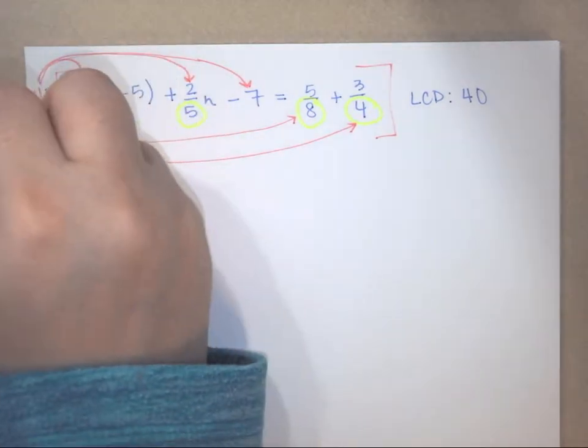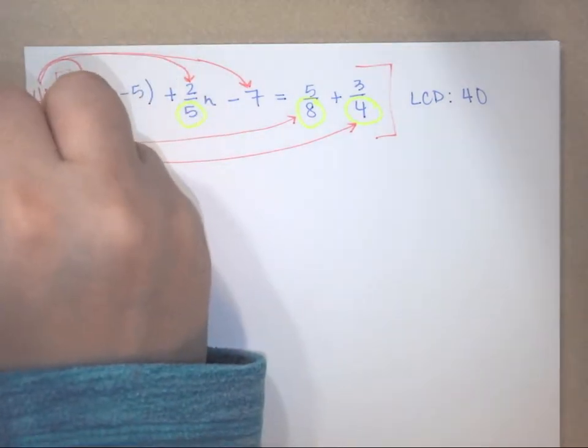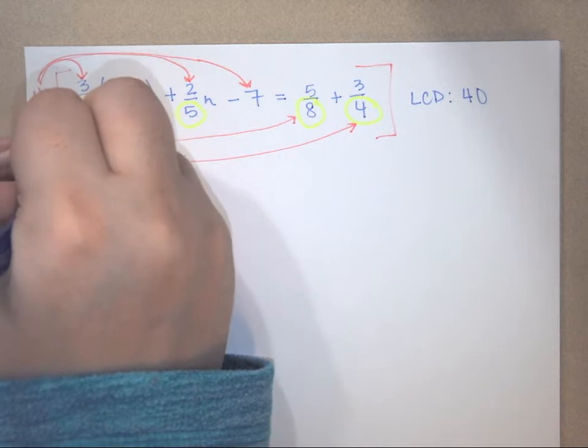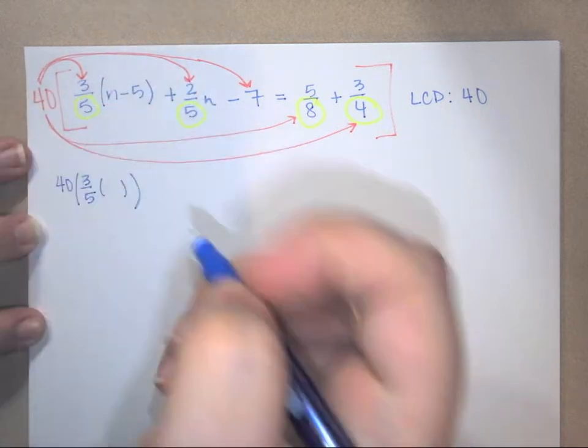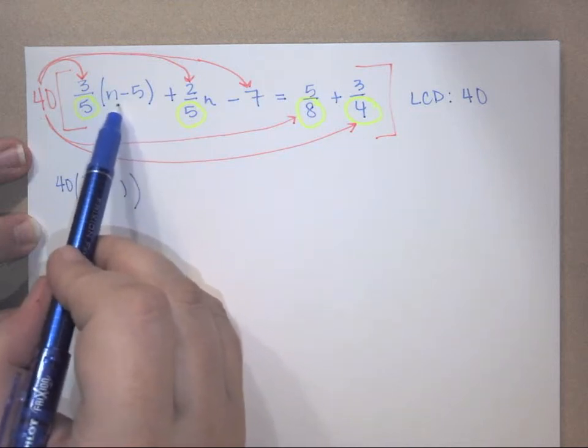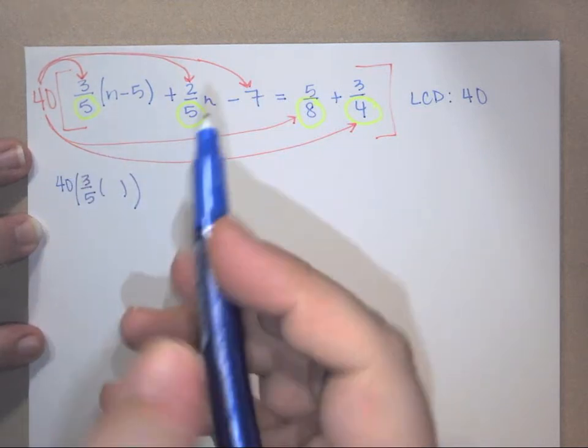So essentially, this is going to become 40 times my 3/5, and then I have the parentheses, but I'm not multiplying into this, so I'm going to leave it blank for a minute.